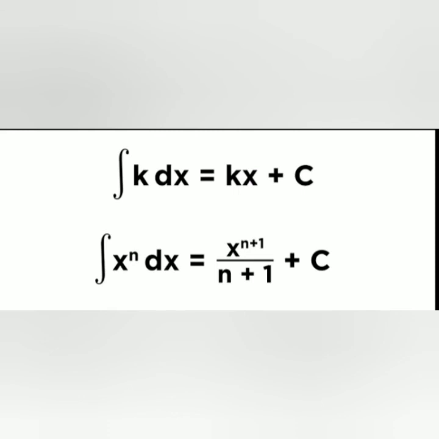Thus, integration of constant k is equal to kx plus c, and integration of x raised power n is equal to x raised power n plus 1 divided by n plus 1, where n is not equal to minus 1.